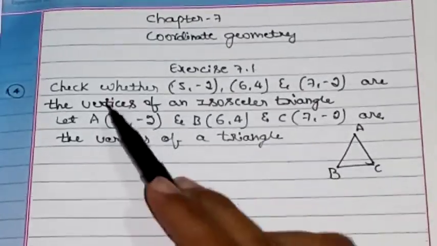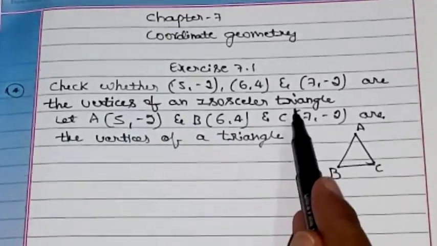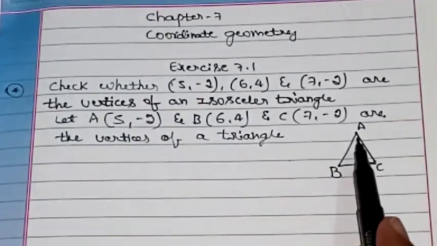Now the question is you need to check whether the given coordinate points are the vertices of an isosceles triangle or not. How will you find?